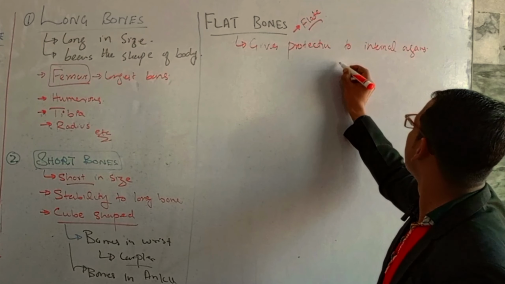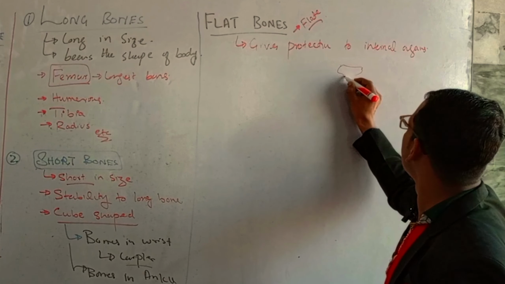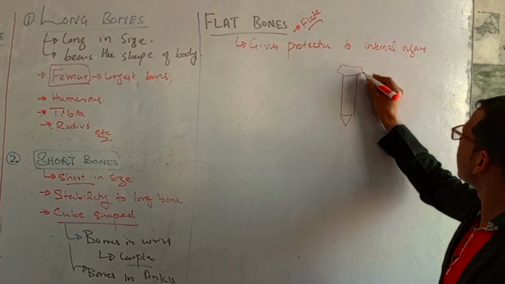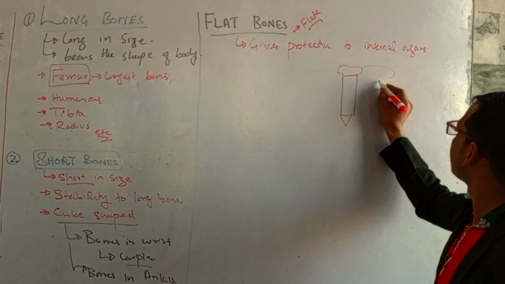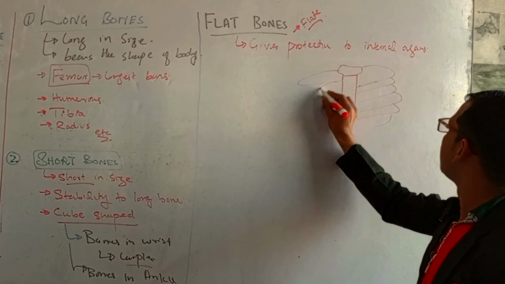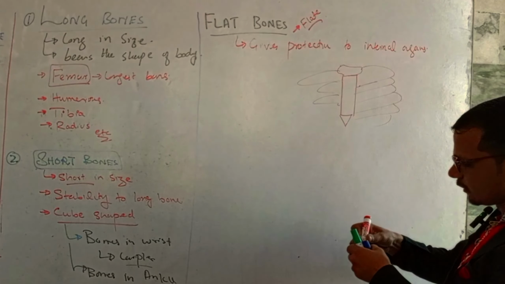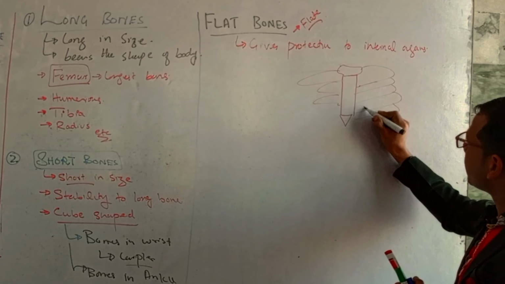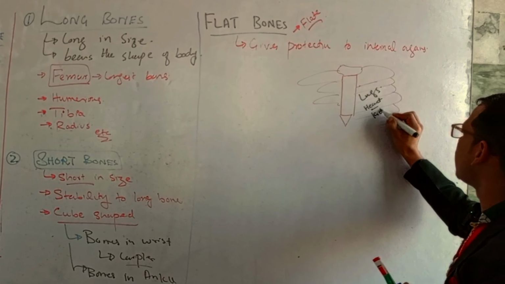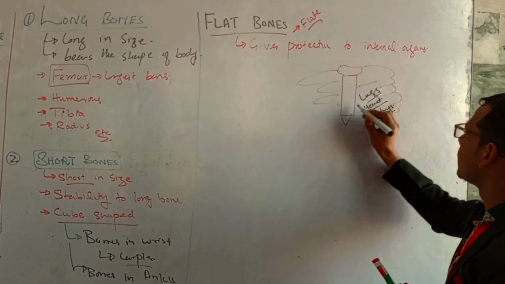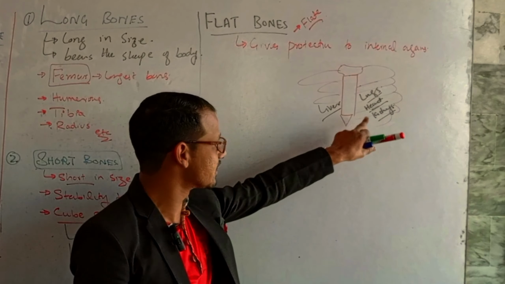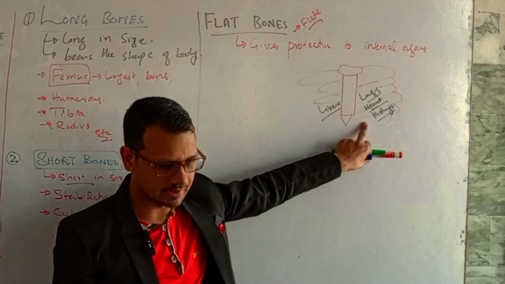They give protection to the heart and lungs and kidneys, also to the liver. So flat bones are responsible for giving protection to internal organs.